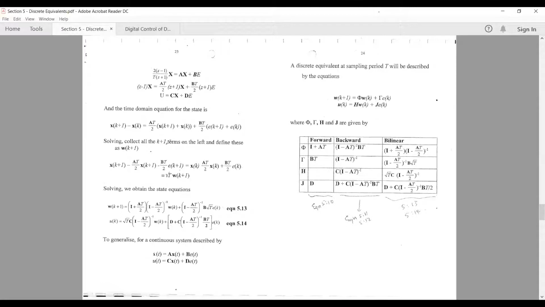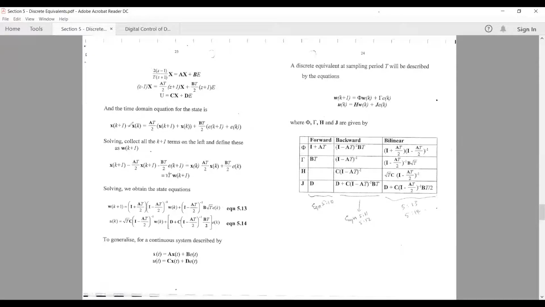Now solving, we collect all the k plus 1 terms on the left and define this as w times k plus 1. So on the left we will have x of k plus 1 minus tA over 2 times x of k plus 1 minus tB over 2 times e of k plus 1, and that will be equal to this.